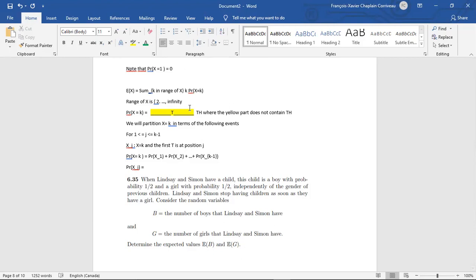So if my first tail is at position j, then this is all heads, this is all tails.